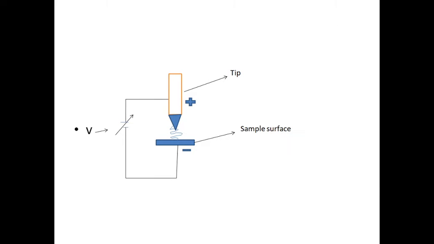Both of them are electron carriers. So we connect the tip with the sample in such a way that we apply a particular voltage between these two things, the tip and the sample, and then electric current starts to flow between them.